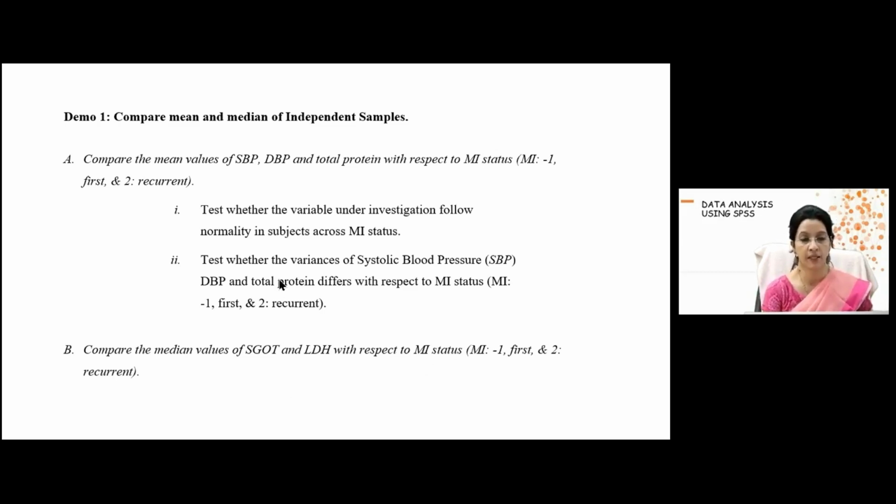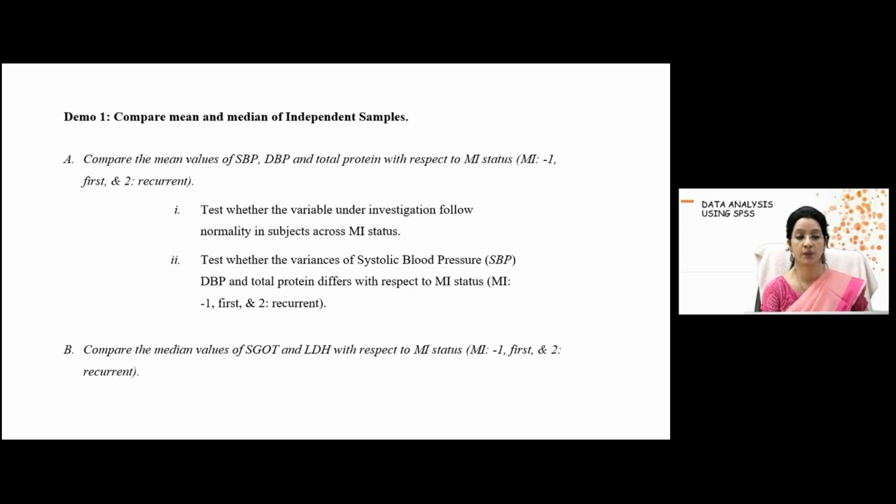So here the dependent variables are systolic blood pressure, diastolic blood pressure, and total protein, right? And the independent variable should be a dichotomous variable. It is MI status, where 1 is first and 2 is recurrent. Now the question is, test whether the variable under investigation follows normality in subjects across MI status, right?